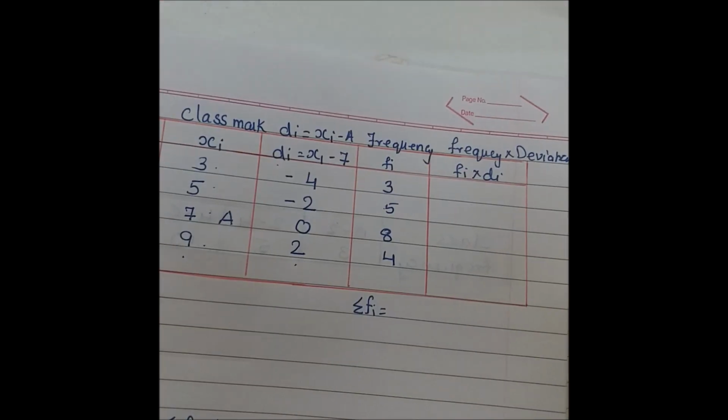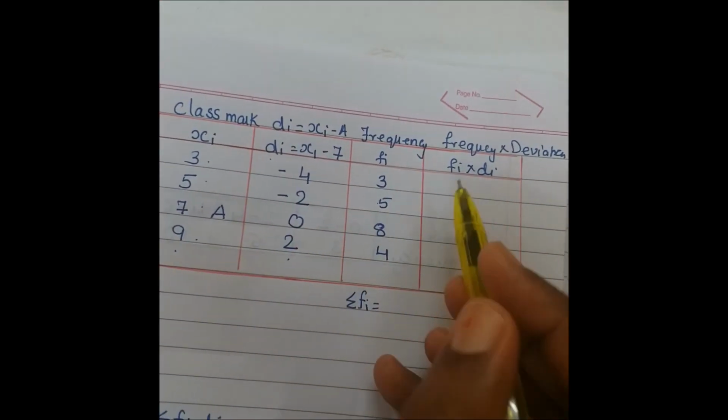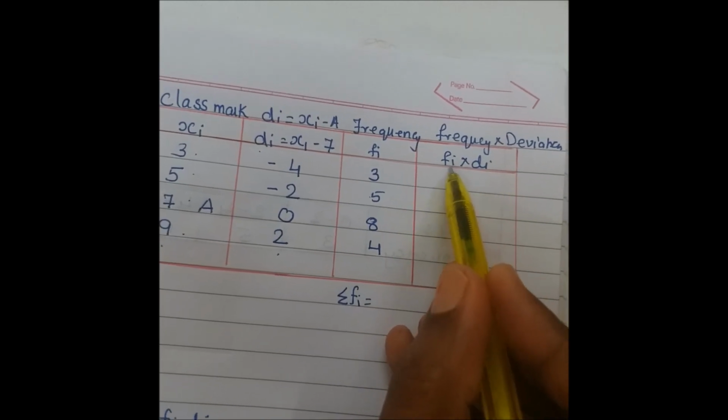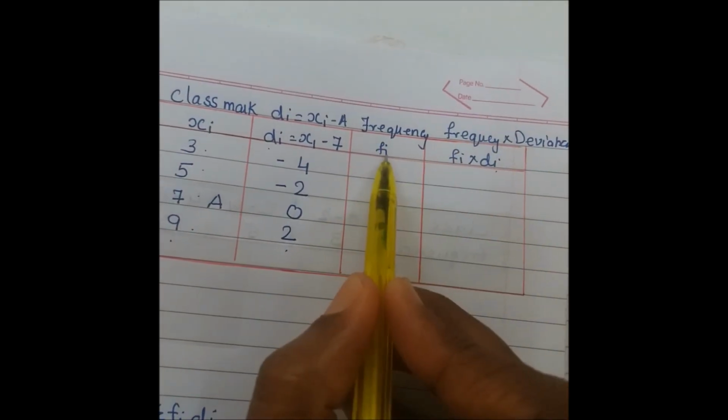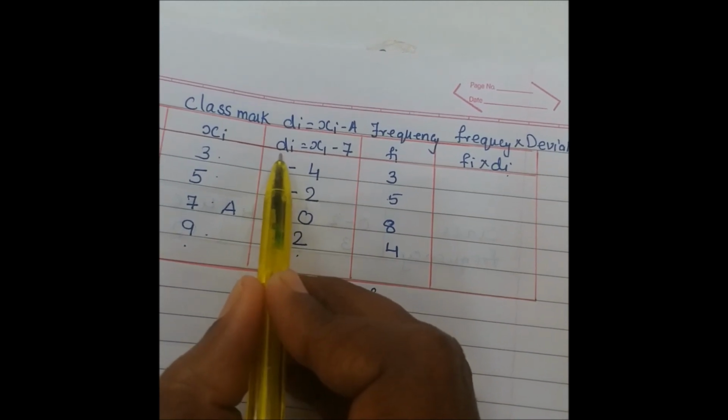Now the last column we have to find is fi into di. This is your fi and this is your di.